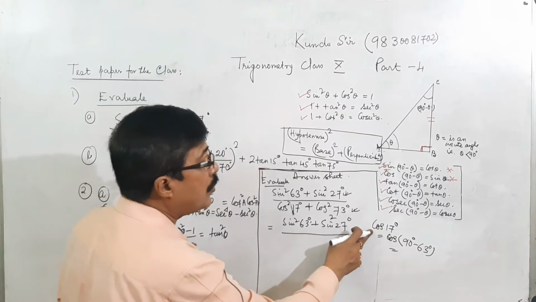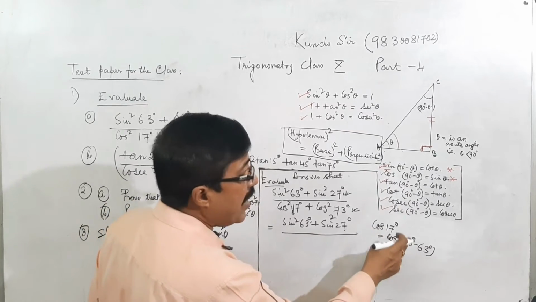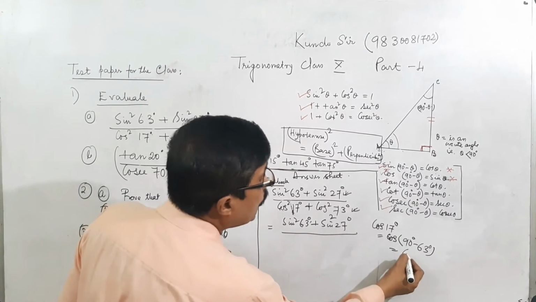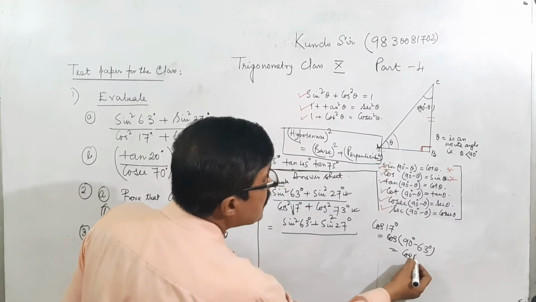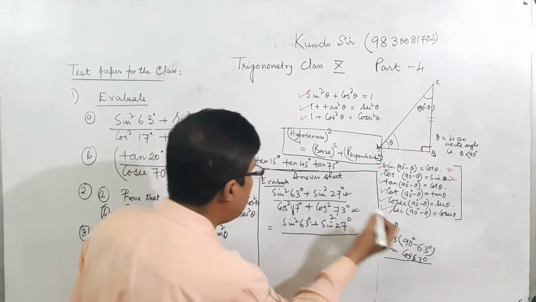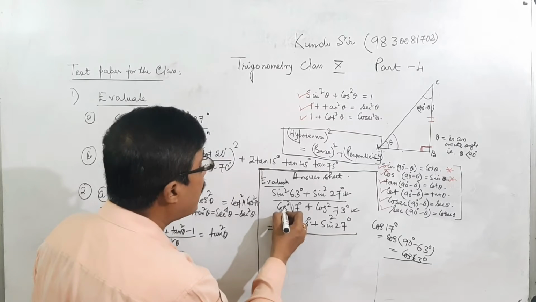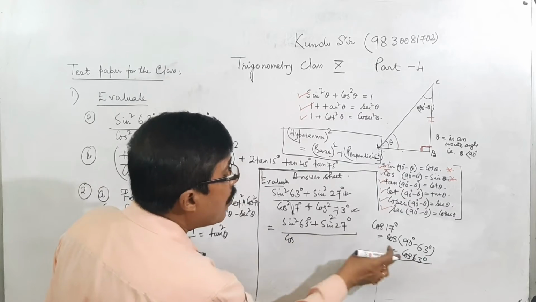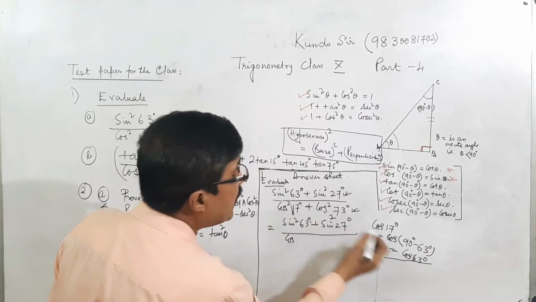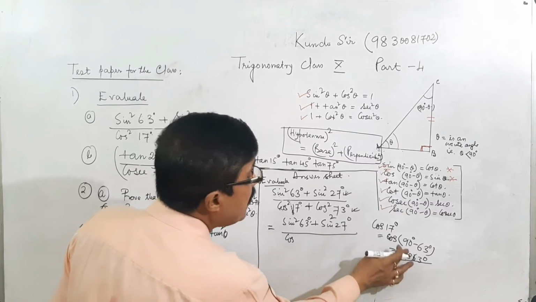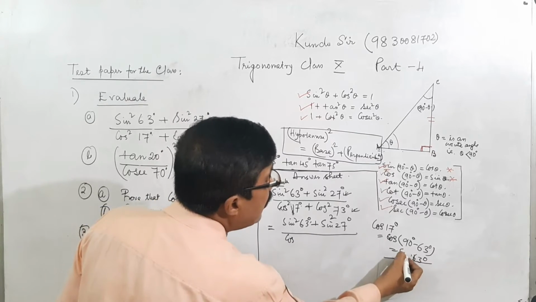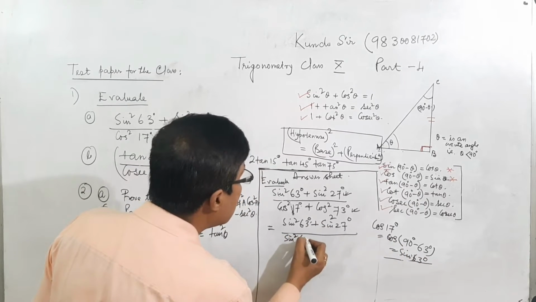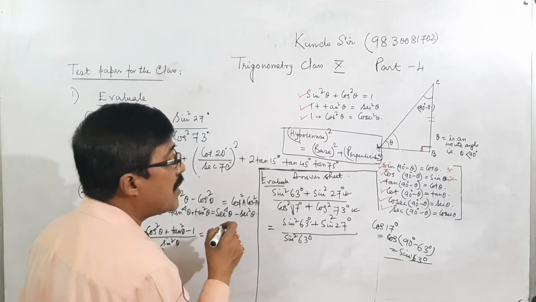Cos 17 degree equals cos 90 degree minus 63 degree, that is equal to sin 63 degree. So in the denominator, cos square 17 degree equals sin square 63 degree.